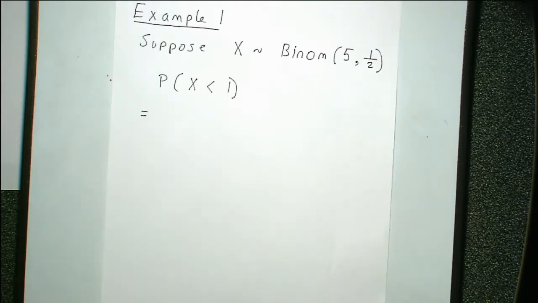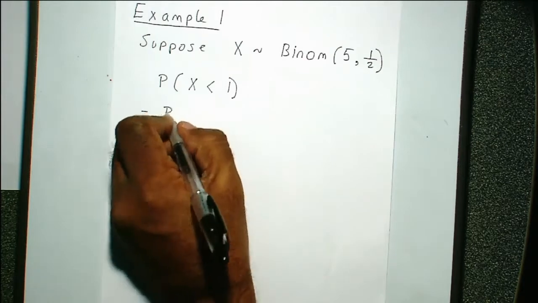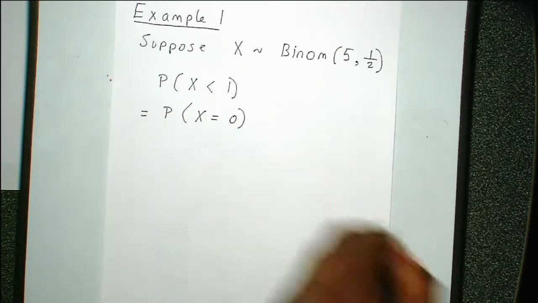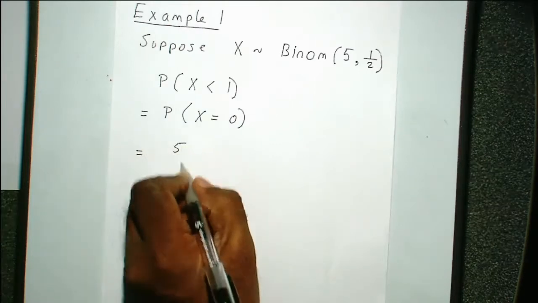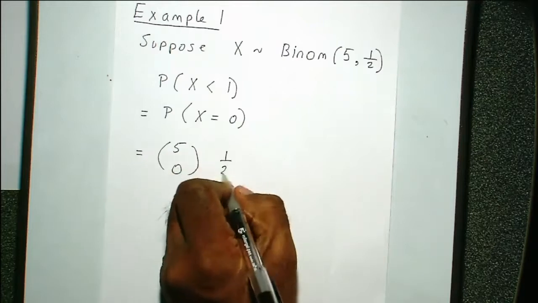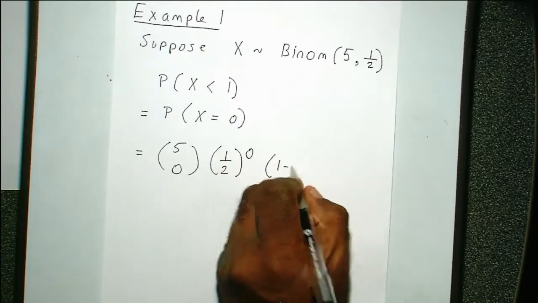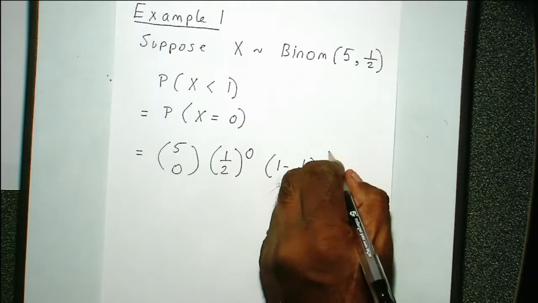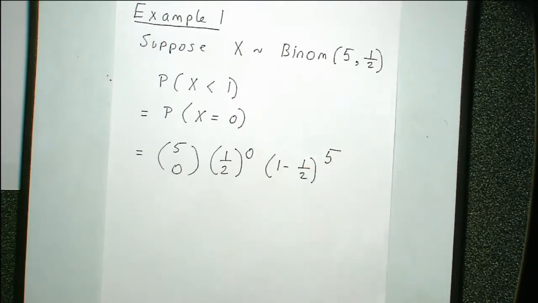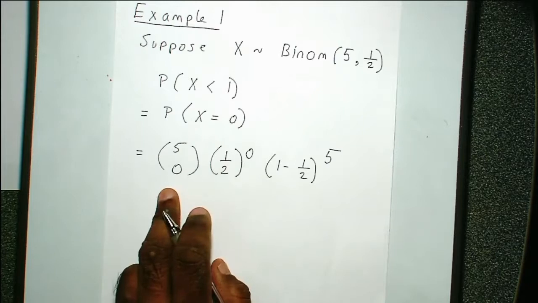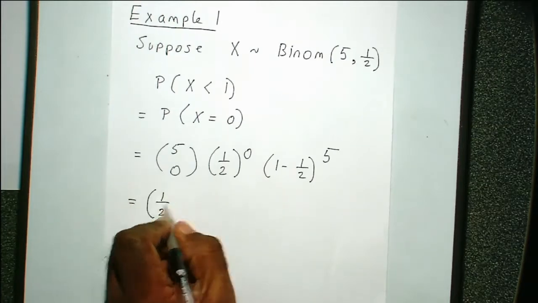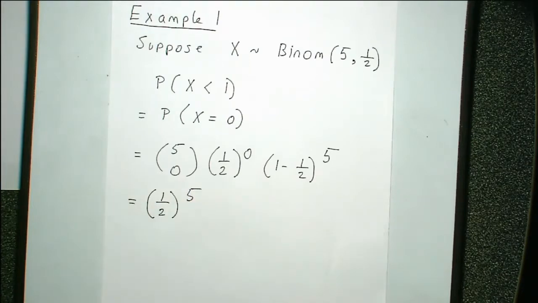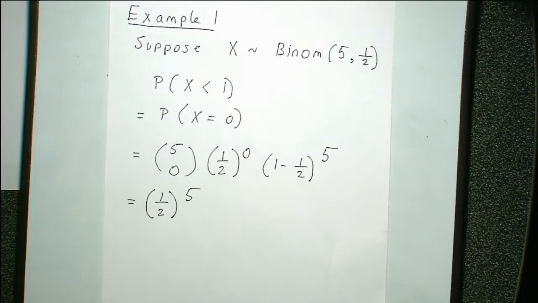So if X is less than 1, the only value it can take is 0. The probability that X equals 0 is 1 times 1 times half to the power of 5, so the answer is (1/2)^5. That's a simple example.